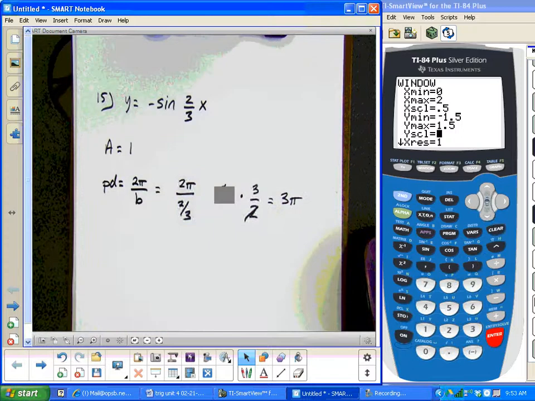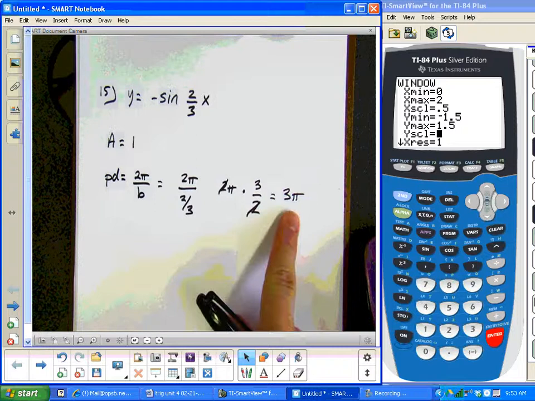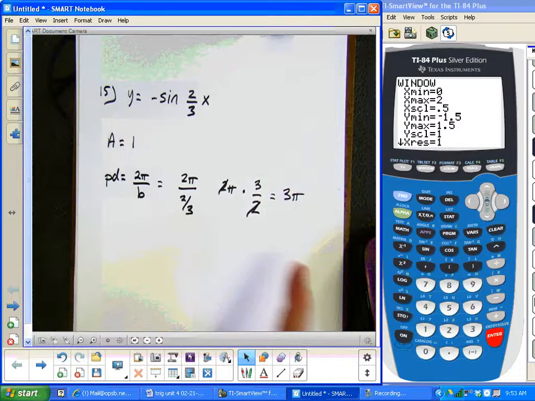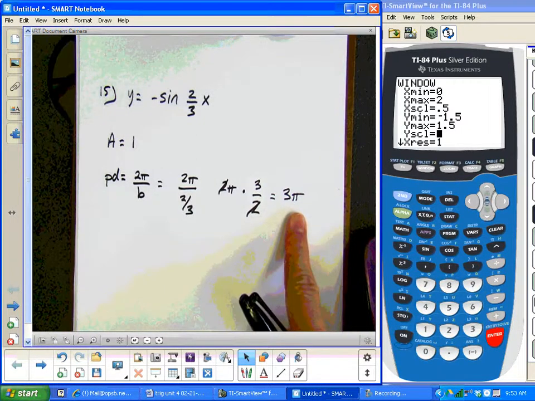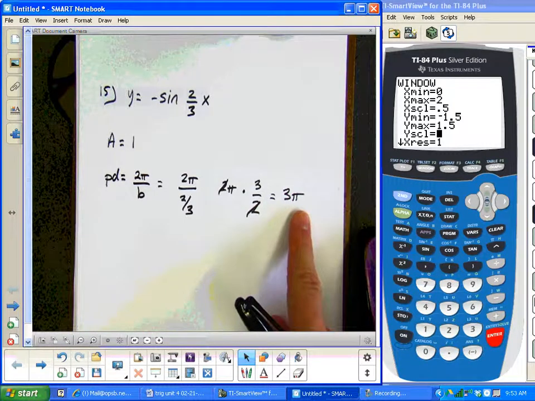Now, let me show you something that I didn't really show you yesterday. You know how we count out to 4, and the last one that we do will be 3 pi, and then we half it and half it again? Another way to do that is to think of it this way.